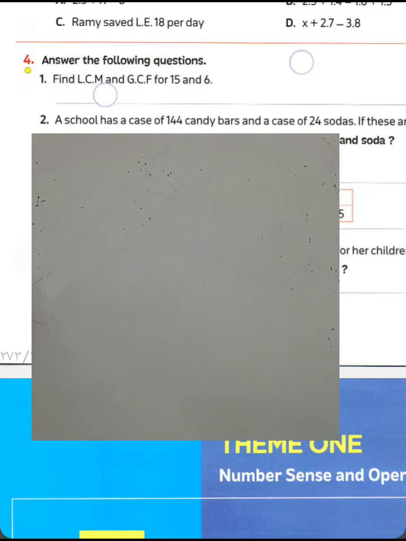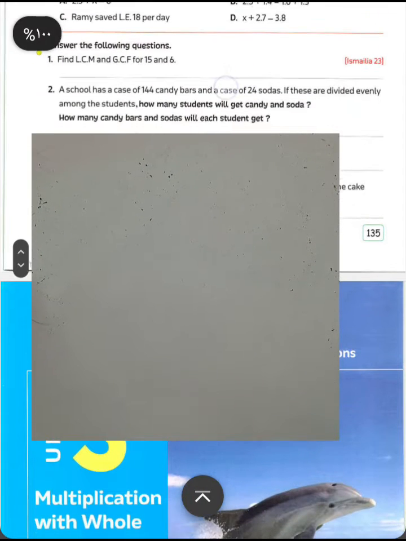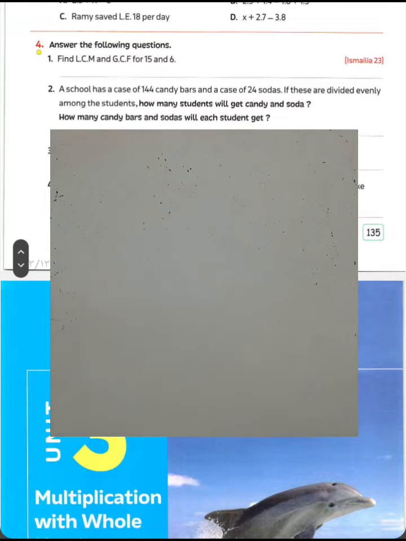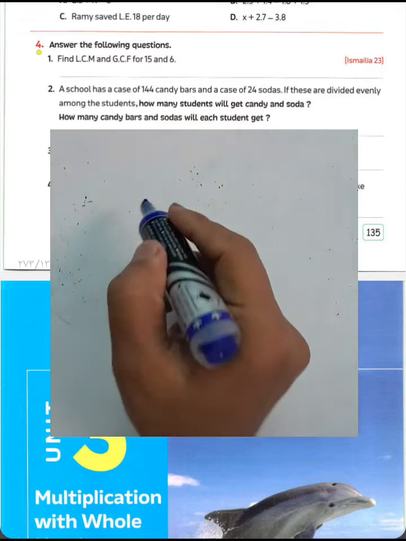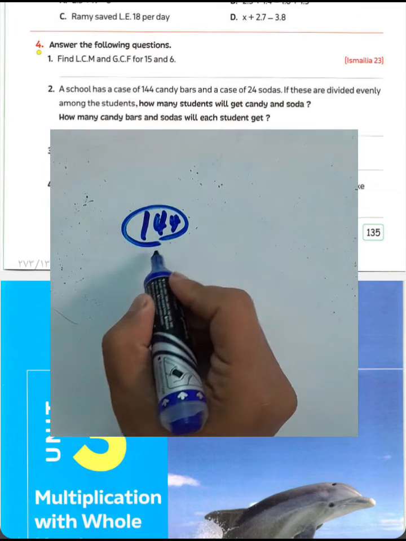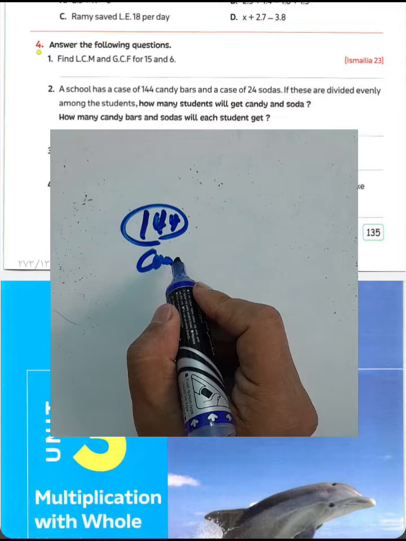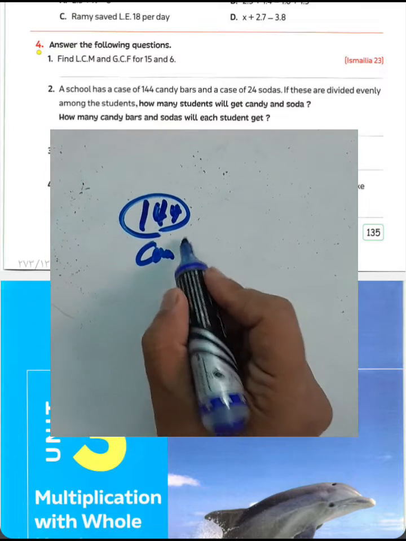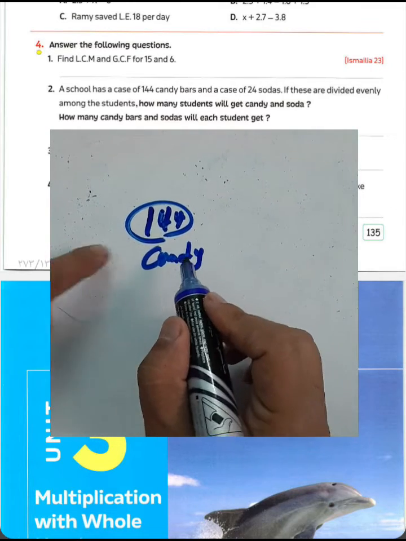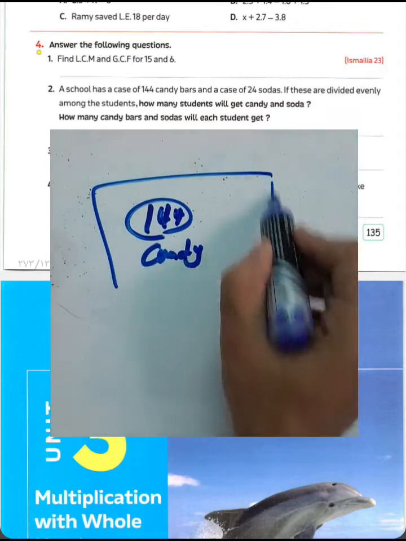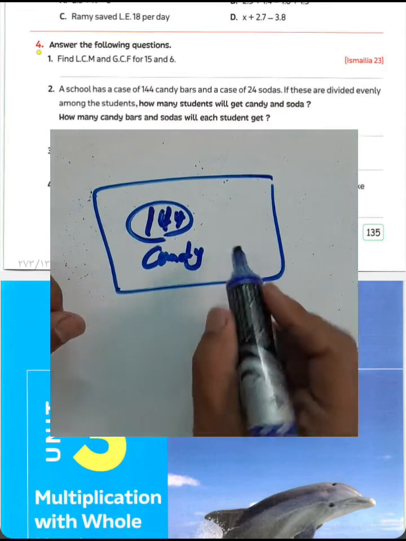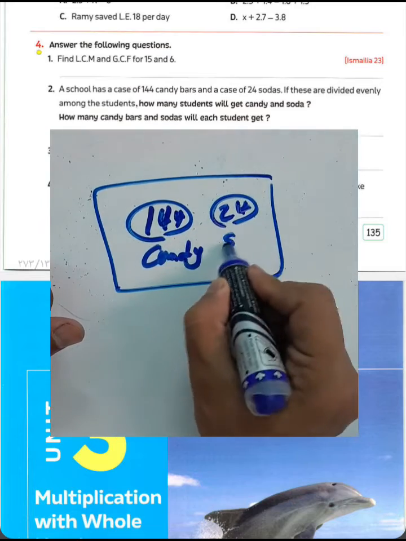Question number 2. A school has a case of 144 candy bars. We have in the school 144 candy bars and 24 sodas.